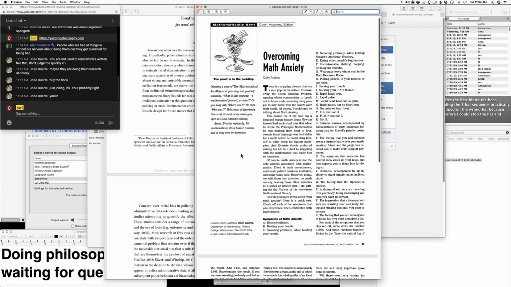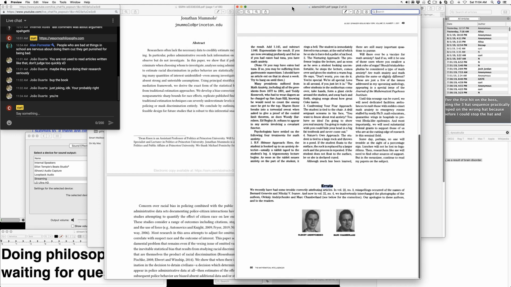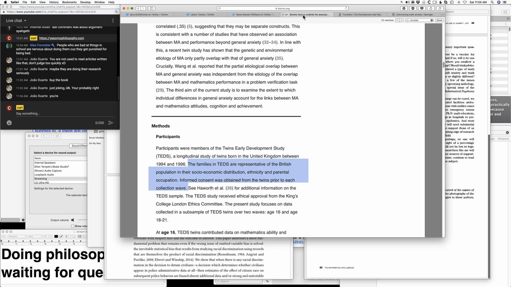So it doesn't seem to have OCR probably, like the text looks shitty. Let's see, nervous. Well, errata. Oh, okay, so it is OCR'd. Wait, seriously? Did I find the wrong paper? Because it should say something about nervous stomach.